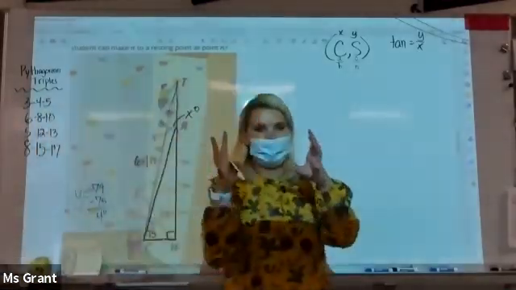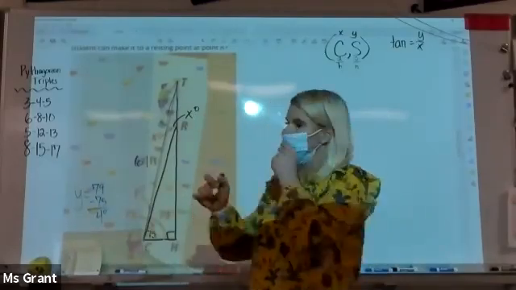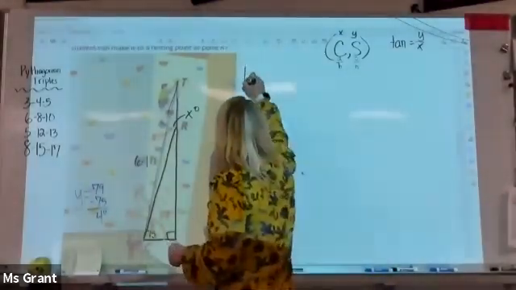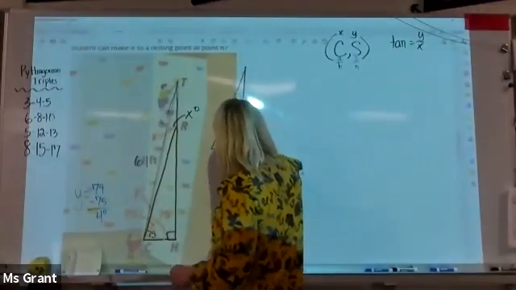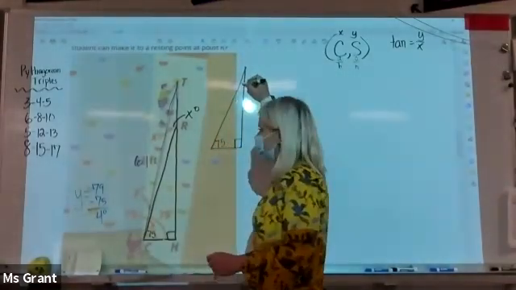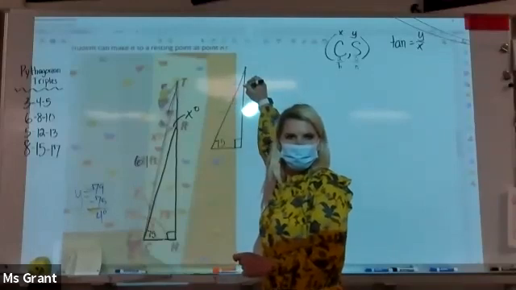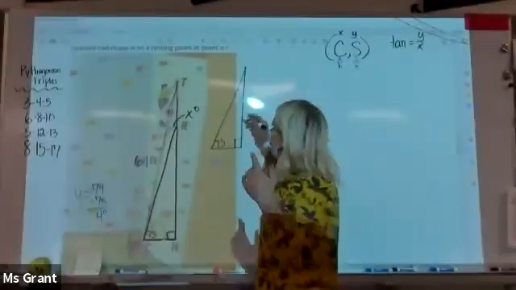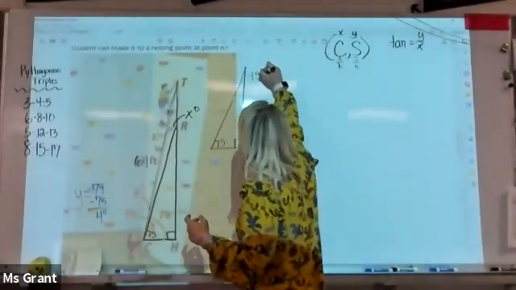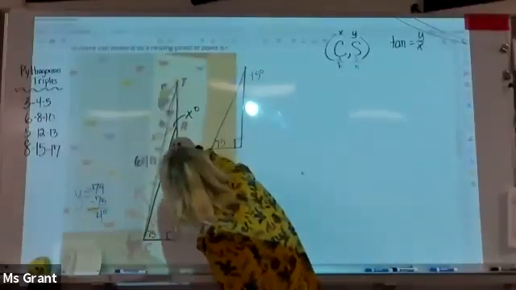Let's look at the black triangle and the blue triangle. My black triangle has 79, 75, 90, and what's this up here though? 15. 90 plus 75 plus 15 degrees. So this is 15 degrees.